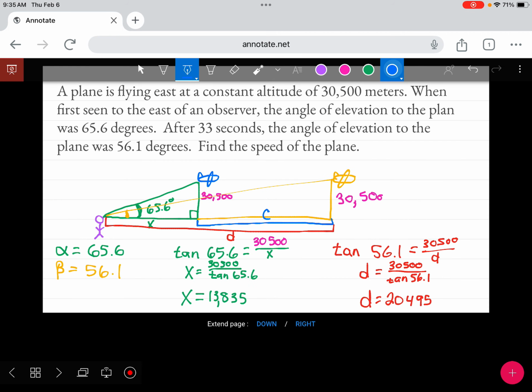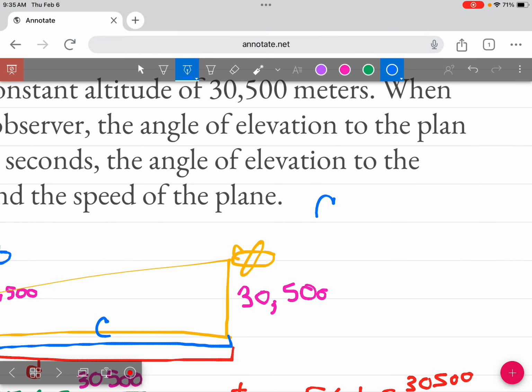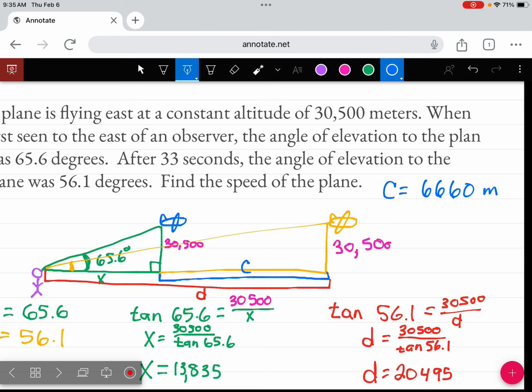Subtract them. So the change of the distance is going to be what? 6,660 meters, right? How does that help me find the speed of the plane? What do we need for the speed? Distance over time. How much time did it take for it to move that 6,660 meters? 33 seconds.